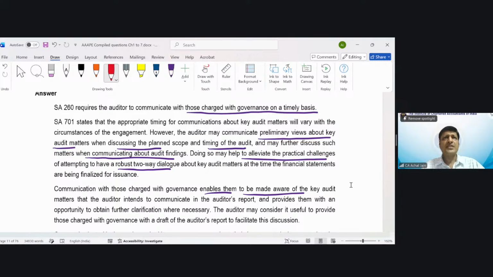Otherwise, it's more of a compliance, just a tick in the box, which doesn't really help and is not really the intent of the standard either. Yes or no? Now, SA 701 is basically about CAM, so we'll have to get into SA 701 as well, which talks about this CAM. It talks about appropriate timing for communications about CAM.